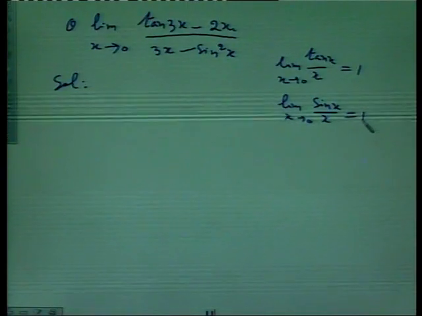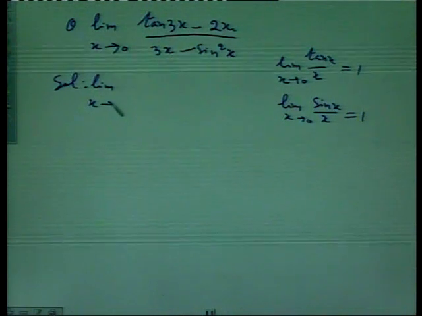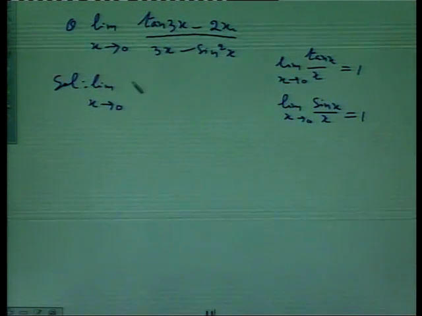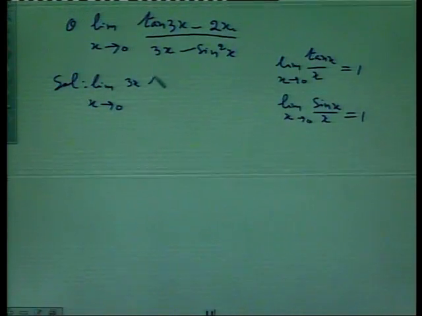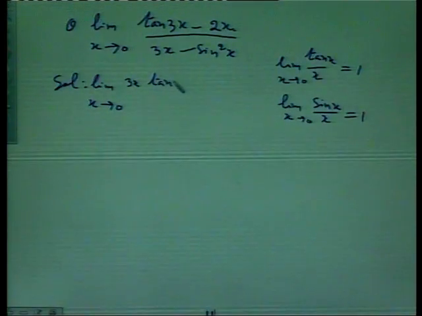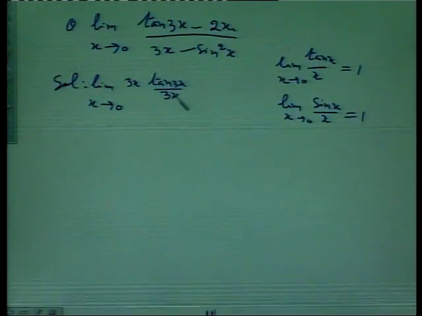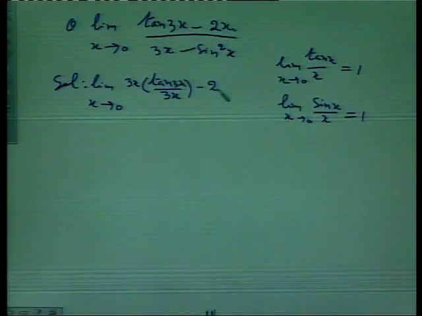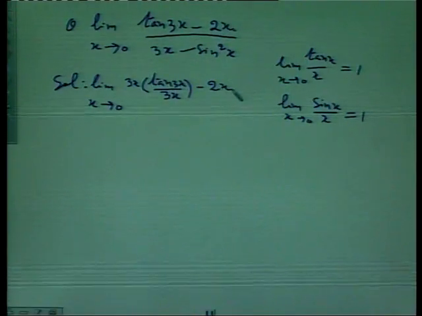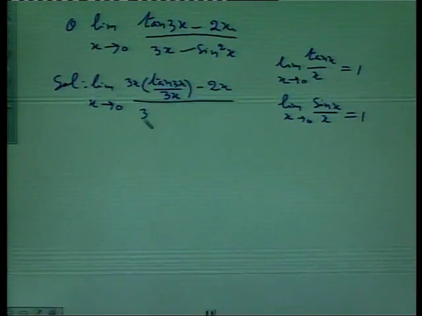So here first of all, limit x tends to 0, we multiply by 3x and divide by 3x. Here minus 2x.